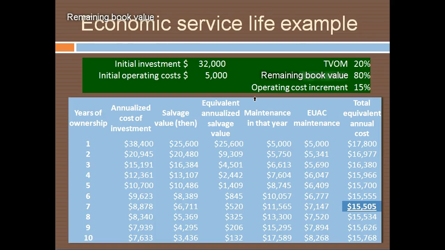If we hold it for less than 7 years, it will be more expensive because we have not recuperated our capital investment. And if we keep it longer than that, since we don't get as much money from the depreciation, as well as our maintenance keeps increasing, it will cost more to own this item if we hold it longer.